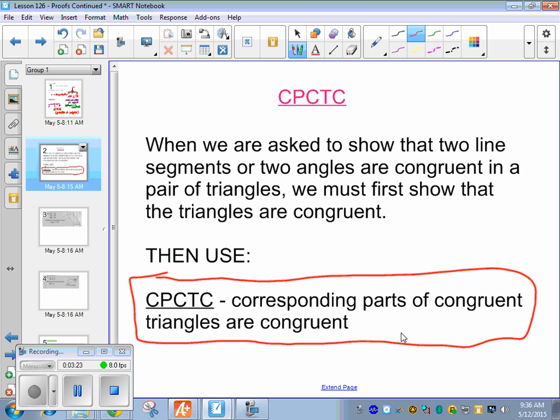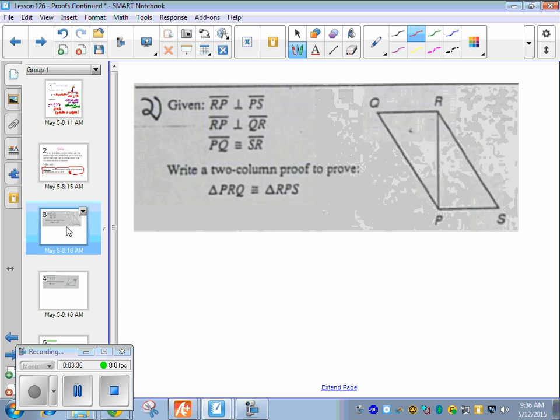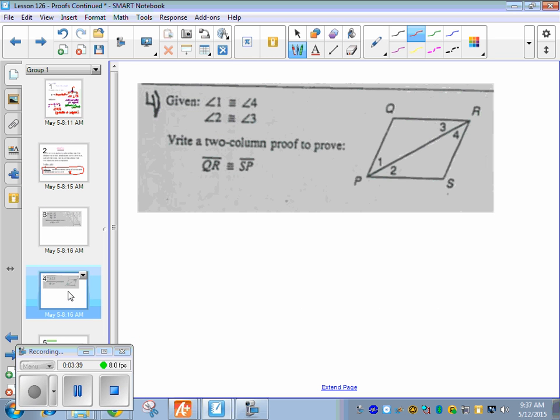Okay, this will be on the test to make sure you memorize what it stands for. So there's two congruent words in there. Corresponding parts of congruent triangles are congruent. Okay, so when you would use CPCTC, it would be one like this. So let's try this one first. And how do I know I'm going to use CPCTC?